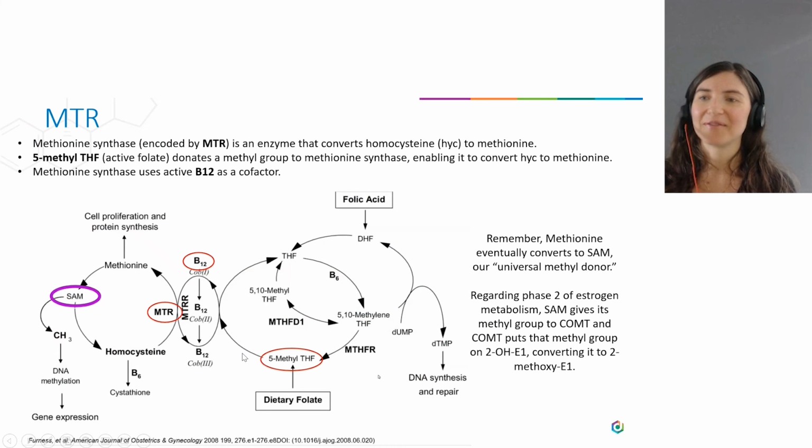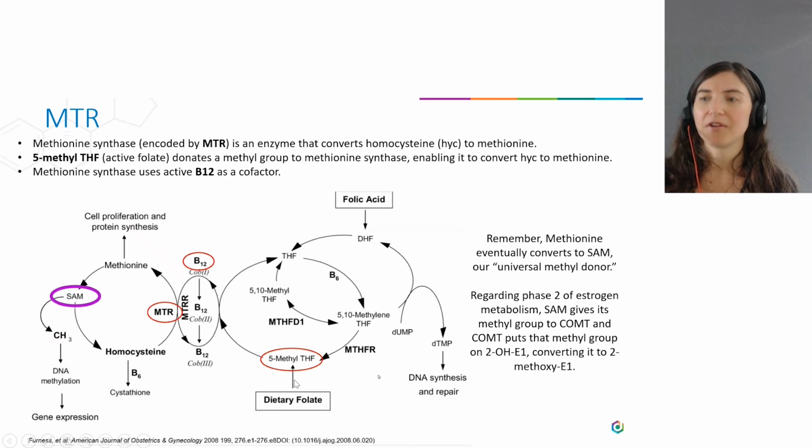All right, so we've got the folate in the active form, right? The 5-methyl THF form. And now what happens is methionine synthase, which is encoded by MTR, it's going to convert homocysteine to methionine.